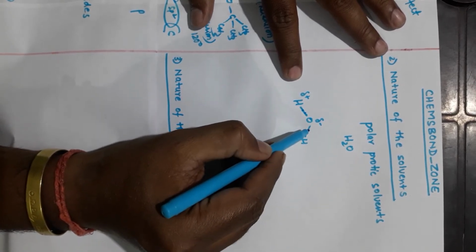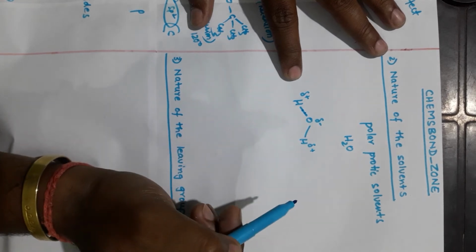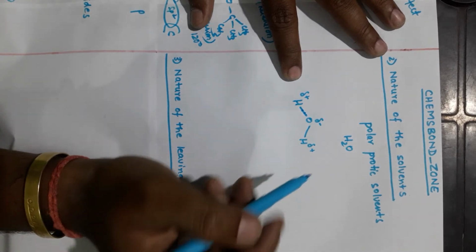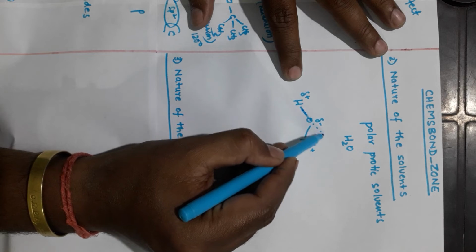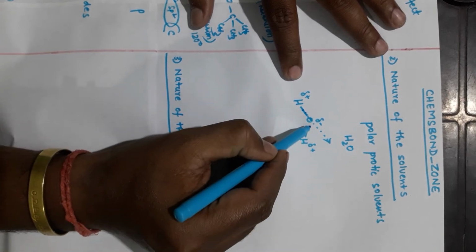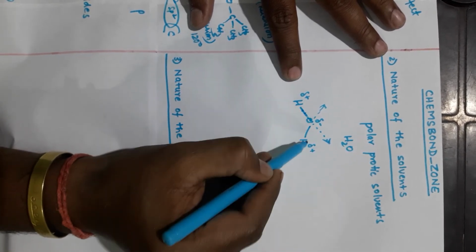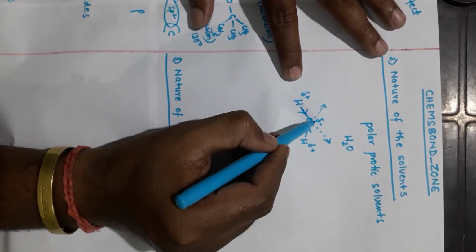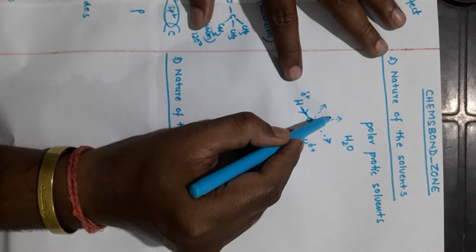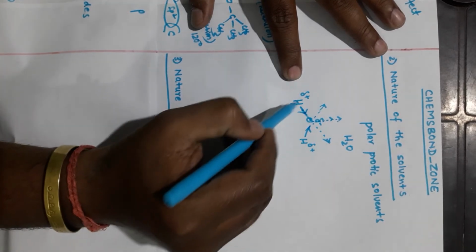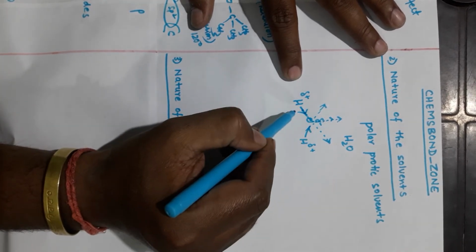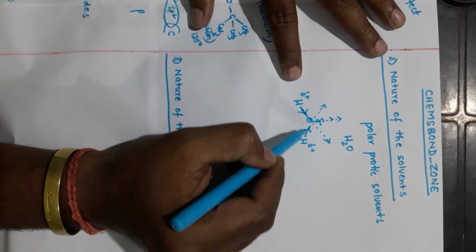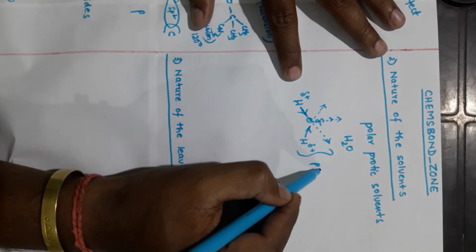So for this bond also the H will develop a partial positive charge. For this bond the direction of polarity is in this direction, and for this bond the direction of polarity is in this direction, right? If we take the resultant of these two, there is a resultant direction. If a resultant direction of polarity exists in a molecule, the molecule is a polar molecule.